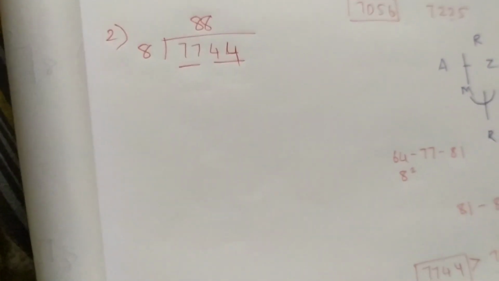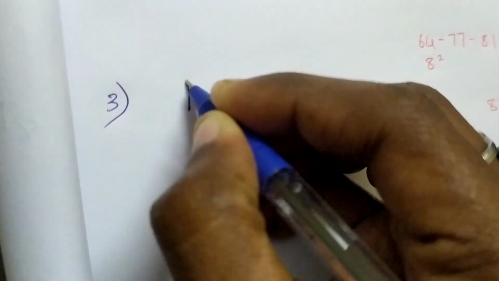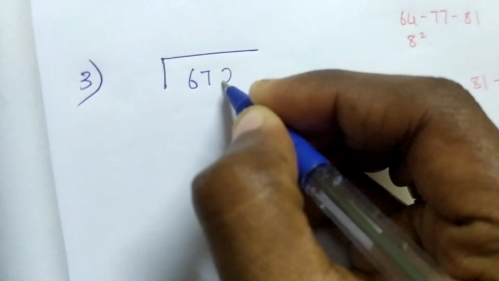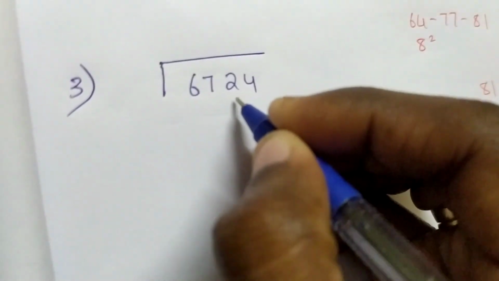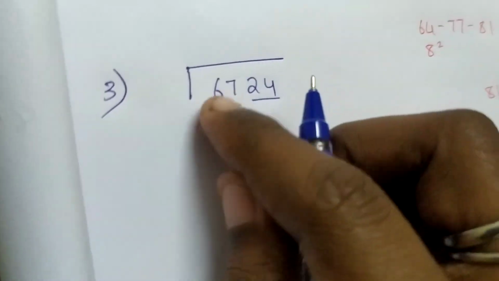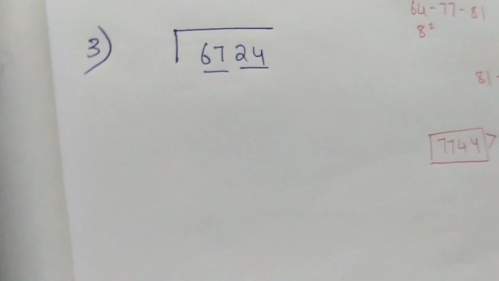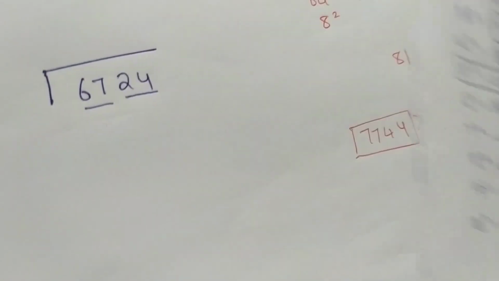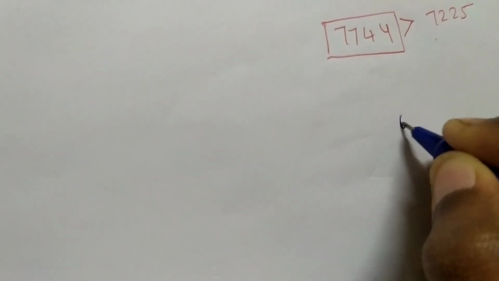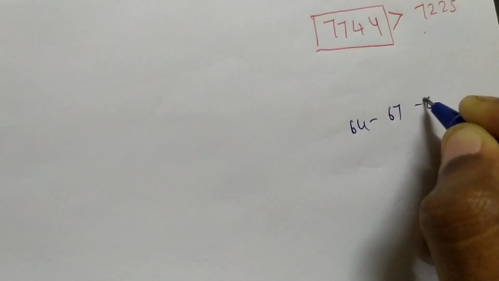That's it. Okay, I'm going to do the next problem. The next problem is the square root of 6724. Here split the number into two parts. Here I am getting 67. See here, 67 lies between 64 and 81.